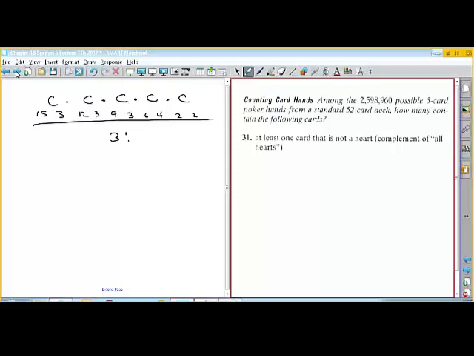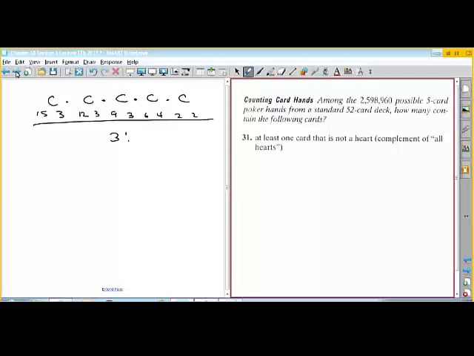And what they're doing is actually using the complement principle, just with cards. It's not using the or thing, it's just using the complement.